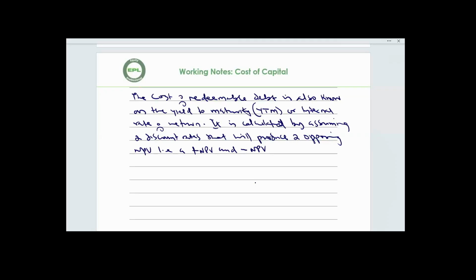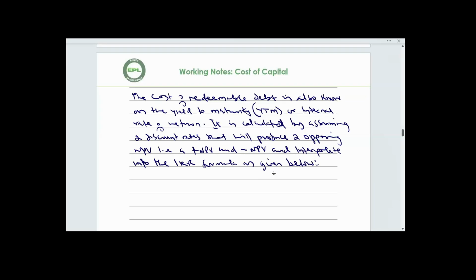So I said this is calculated by assuming two discount rates that will produce two opposing NPV, and then interpolate into the IRR formula, as given below.